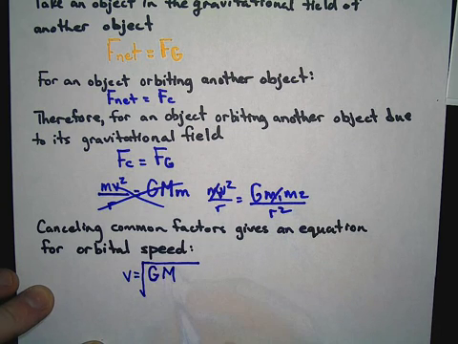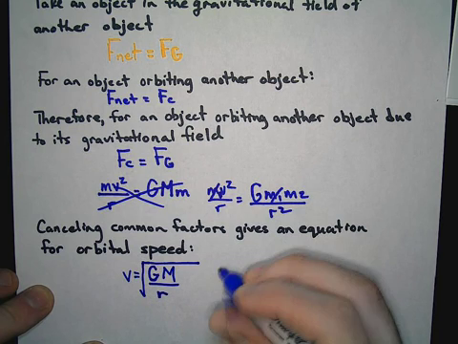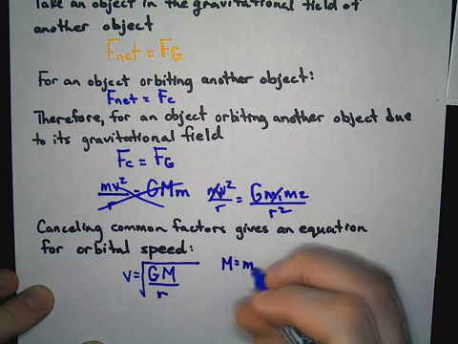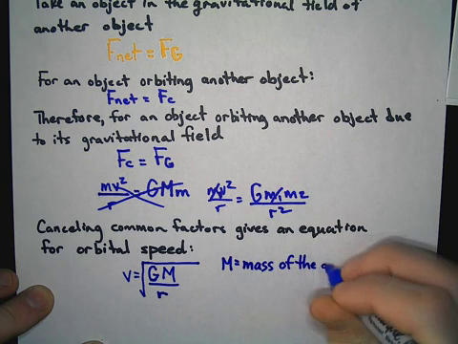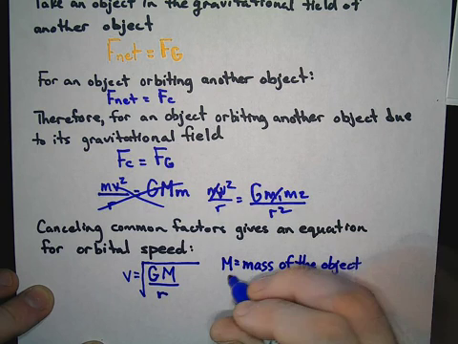G is our gravitational constant from yesterday's lesson. And r is the distance between the centers of the objects.